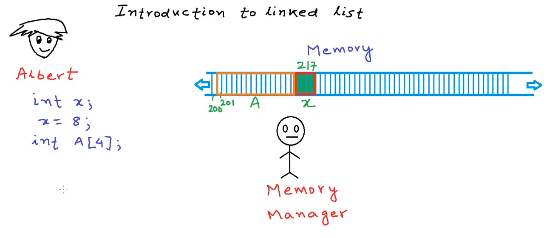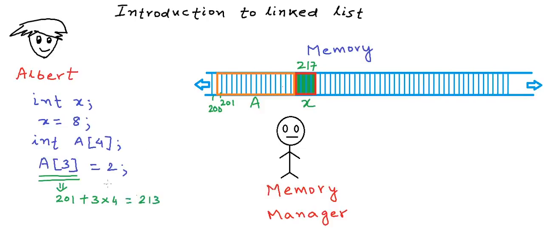Because an array is stored as one contiguous block of memory and the memory manager conveys the starting address of this block, whenever Albert tries to access any of the elements in the array, let's say he tries to write some value at the 4th element in the array, which he accesses as A3, Albert's application knows where to write this particular value because it knows the base address, the starting address of the array A, and from the base address, using the index which is 3 here, it calculates the address of A3.